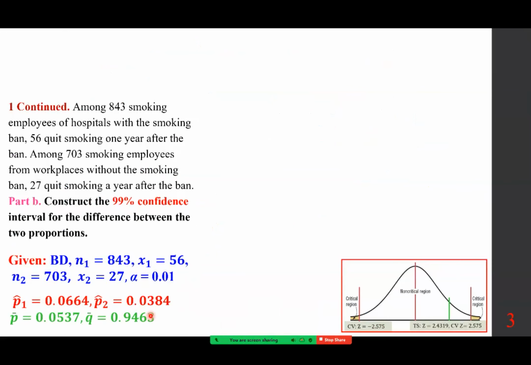And so if you look at the graph class, we want a 99% confidence interval. And since alpha is 0.01, and in part A we had a two-tailed test, then a 99% confidence interval corresponds to 1% alpha.